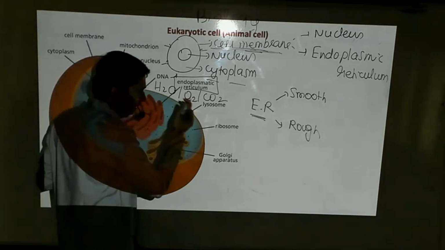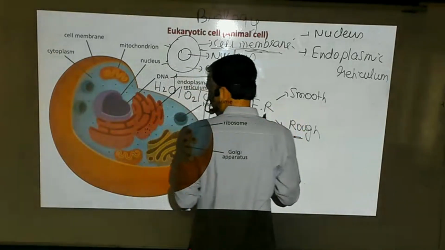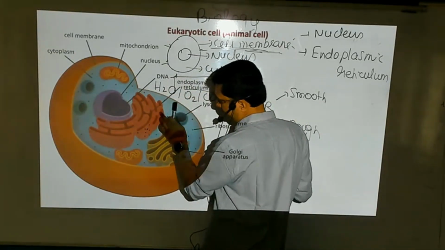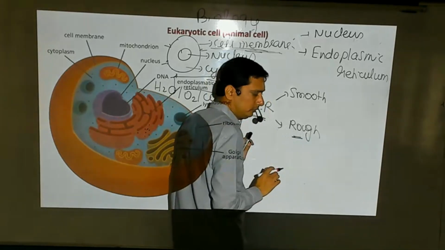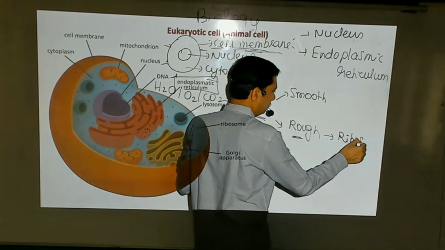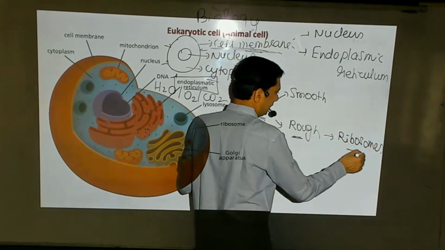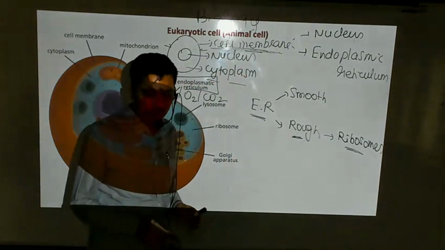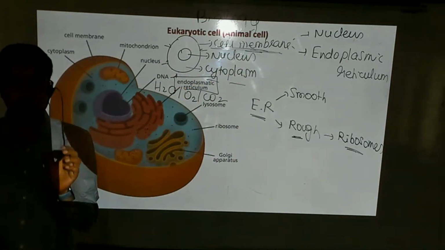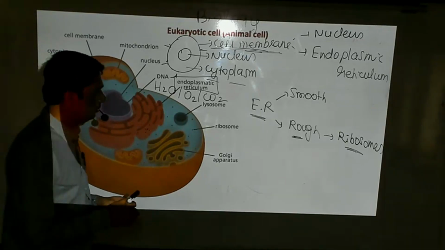The dotted region is called rough. The one without the dots, if you notice these regions with no dots on them, they look smooth. So what are these dots? These dots are ribosomes. These are some molecules called ribosomes.